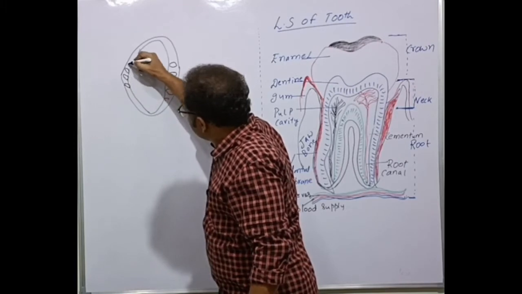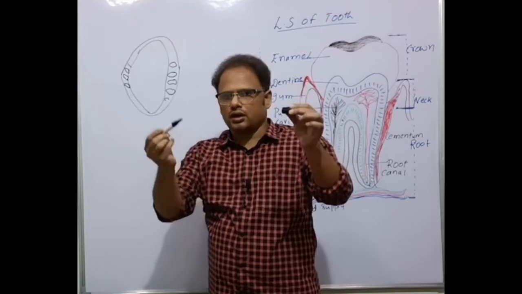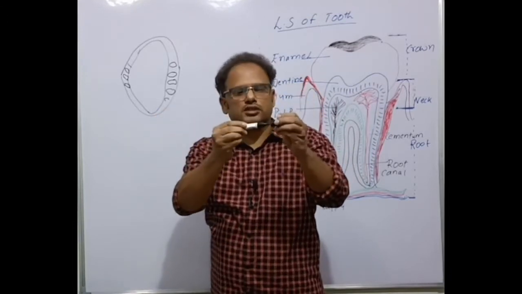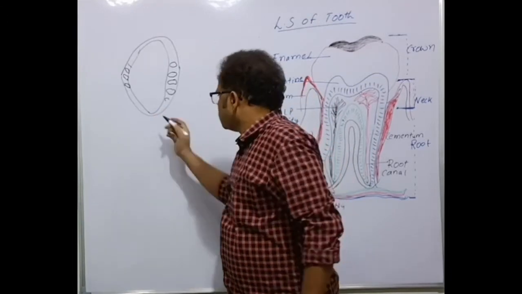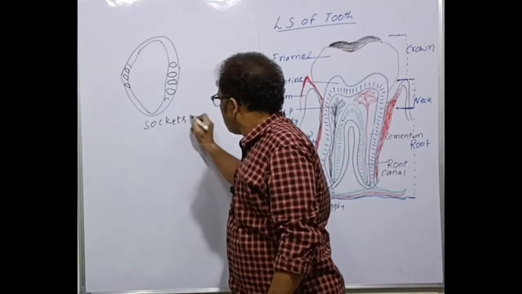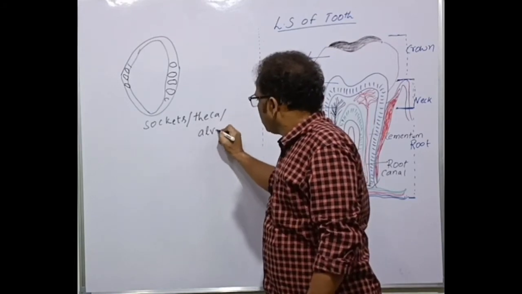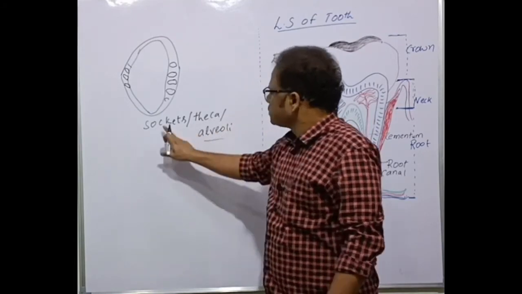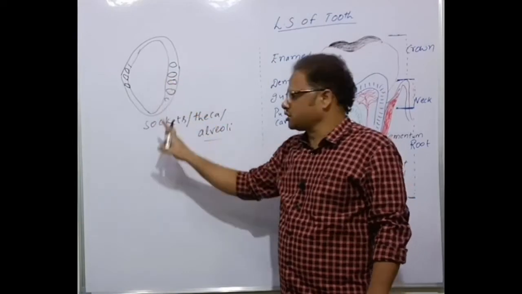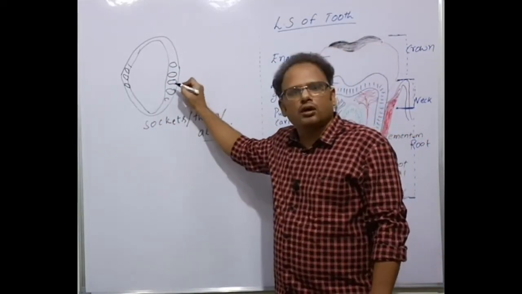There are depressions; for example, this is the socket and this is the tooth. These sockets are also called theca, or alveoli, the depressions where the teeth are present.